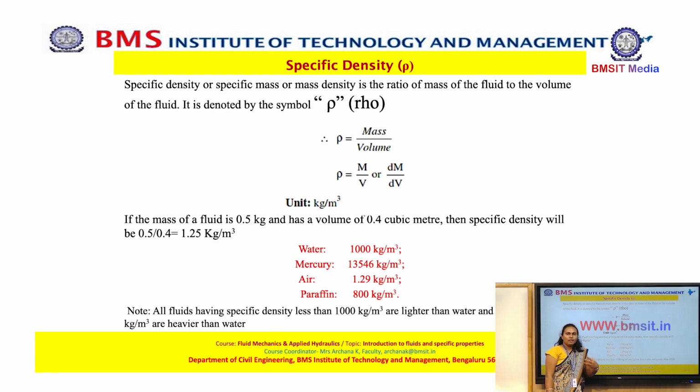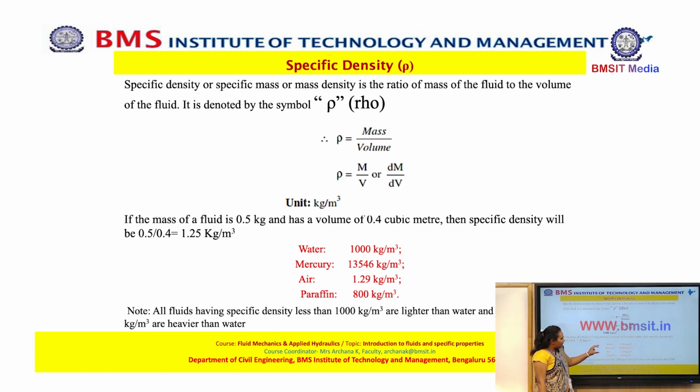Now to relate and understand the matter and the specific density, we have the values of normal typical matter or liquids. We have water, which will have a value of 1000 kg per meter cube. Mercury has a specific density of 13,546 kg per meter cube, which is usually rounded off to 13,600 kg per meter cube. Air will have a density of 1.25 kg per meter cube.